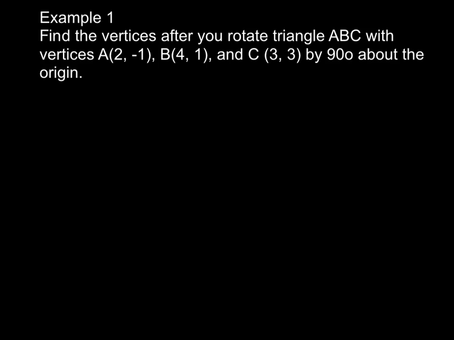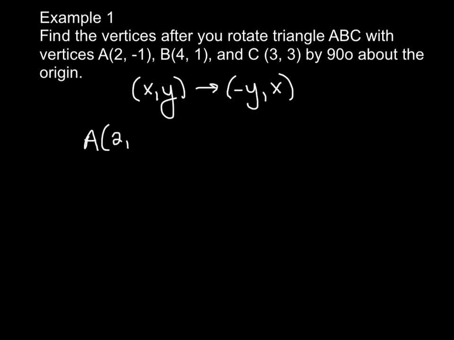But you can use your trick or your shortcut where if you take x, y, it's going to become negative y, x. You take the opposite of y and you flip them. So, A is 2, 1, B is 4, 1, and C is 3, 3.